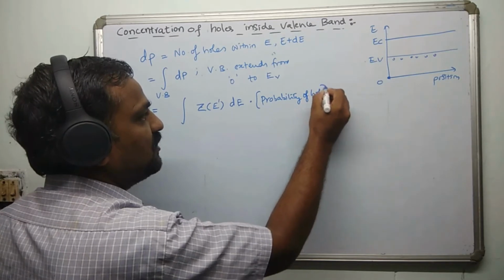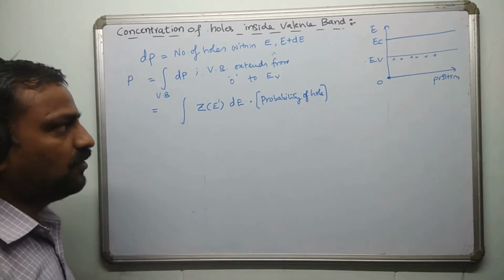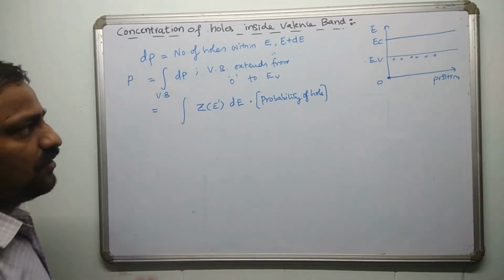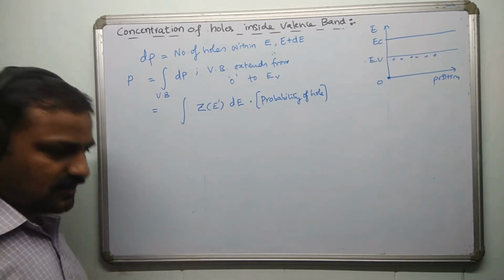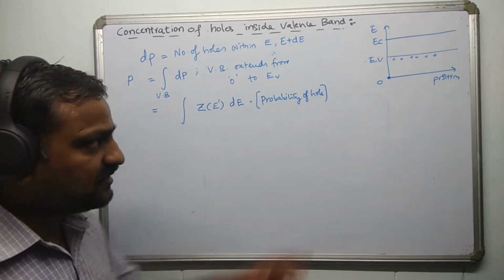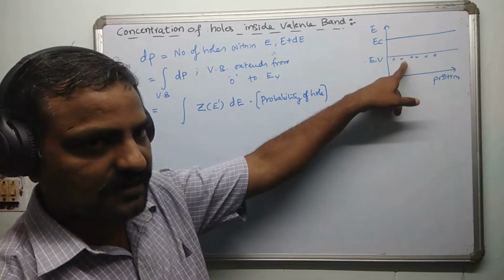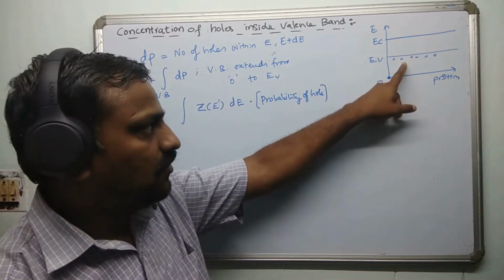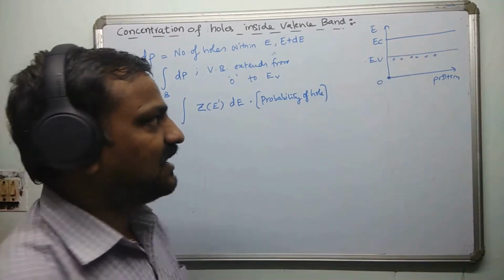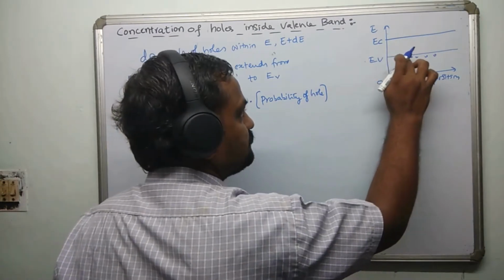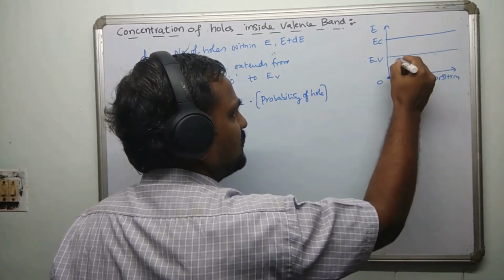Earlier we used the probability of electron. Now we are talking about holes. Now what is the probability of a hole? Generally, hole and electron are mutually exclusive. So in this valence band, if an electron is occupied, you don't call it a hole. Suppose that there is an electron here.